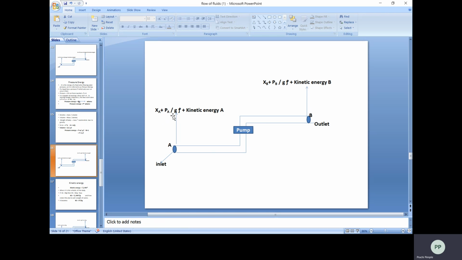Now we have written pressure energy as pressure at A divided by acceleration due to gravity into density of the fluid, plus kinetic energy at A. In a similar way, at B, or at outlet, the total energy is the potential energy, which is nothing but the height of point B from the floor, so XB, plus pressure at B divided by acceleration due to gravity into density, plus kinetic energy at point B. Okay.